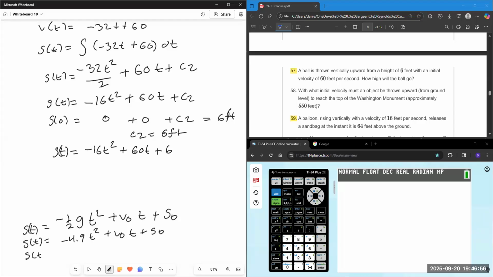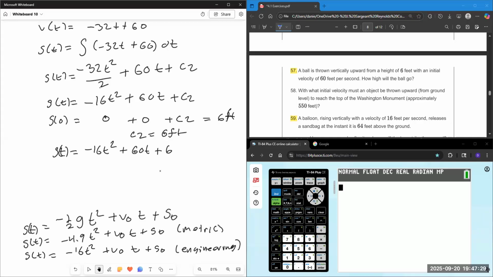And if we're dealing with the engineering system with feet and feet per second and so on, then this is negative 16t squared plus v0t plus s0. This is metric, and this is engineering system.